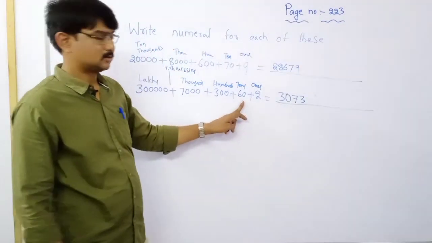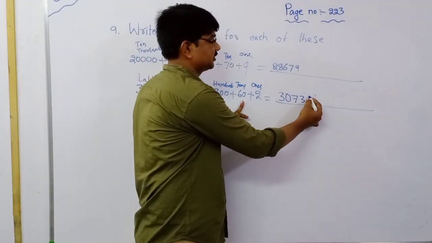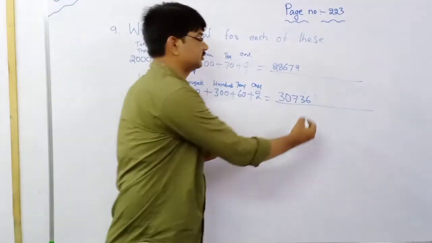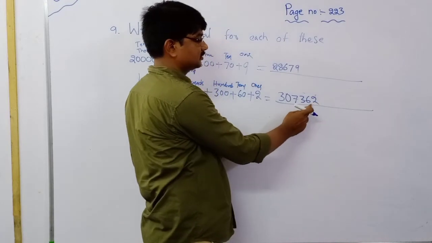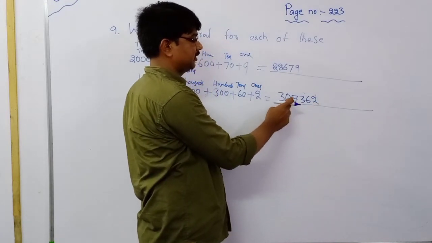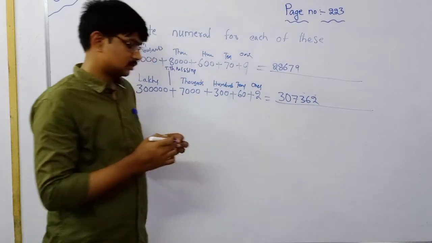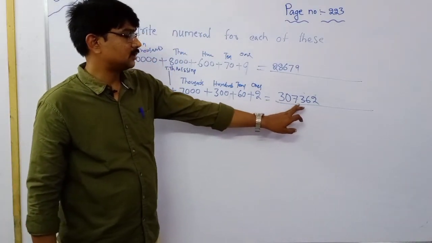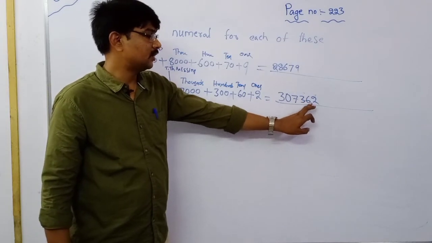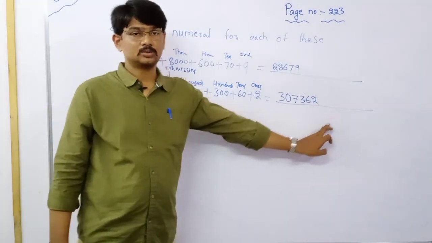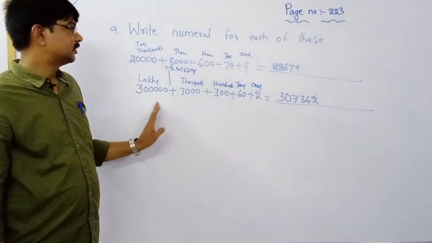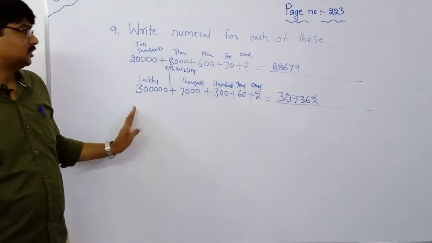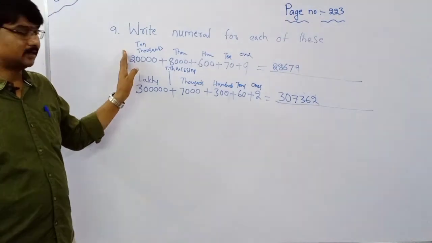At tens place, 60, so 6 tens, 6. At ones place, 2, finally 2. Ones, tens, hundreds, thousands, 10,000s, lakhs. Now let us read the number: 3,07,362. Okay, this is what writing the numeral for the given is.